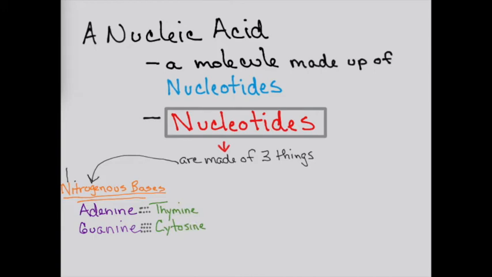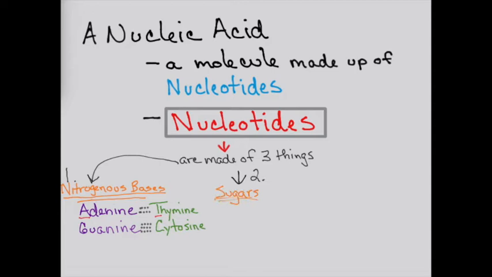So we have adenine, and adenine will always bind with thymine, and we have guanine, and guanine will always pair with cytosine. If you ever have trouble remembering it, I always thought of it as A and T make the word "at." So adenine always pairs with thymine, and guanine always pairs with cytosine.